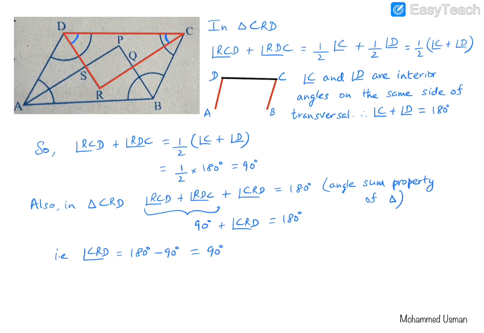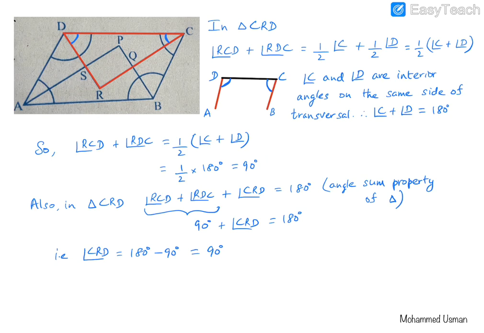So we have these two as interior angles on the same side of the transversal. Therefore angle C plus angle D will have a sum of 180 degrees. So we can substitute that 180 in this summation for angle RCD plus RDC. So we get the summation of these two angles RCD and RDC as 90 degrees, like we have done before so far.